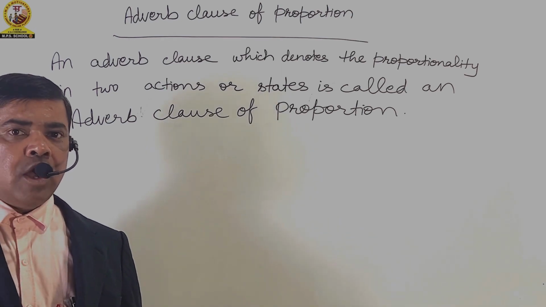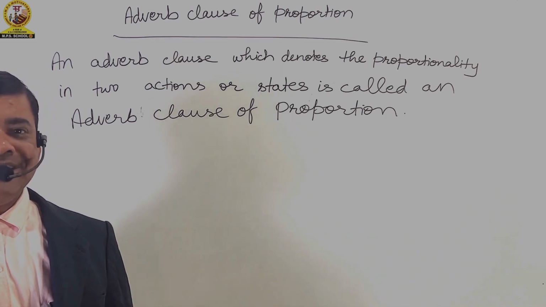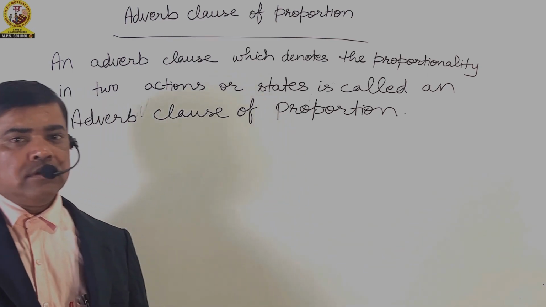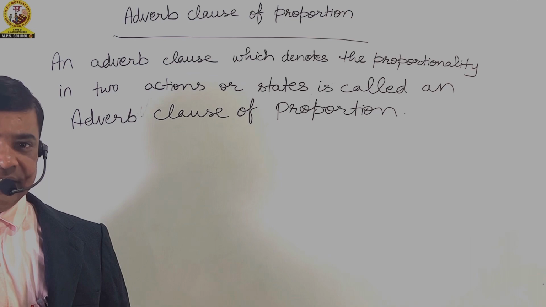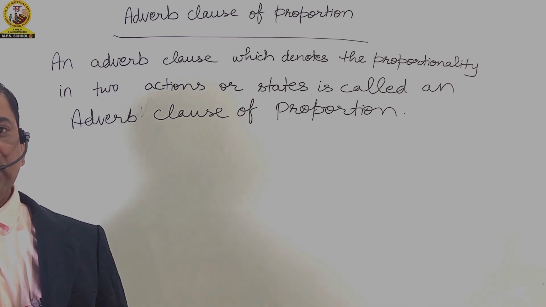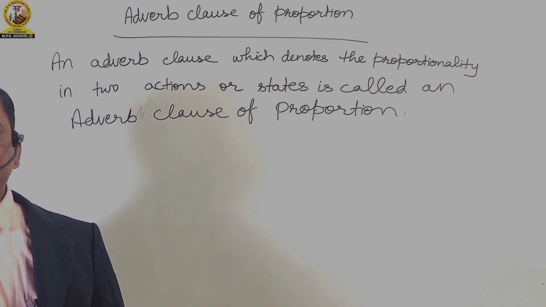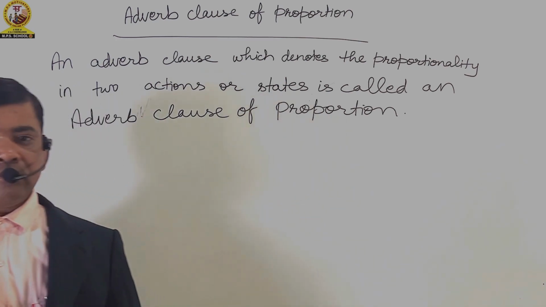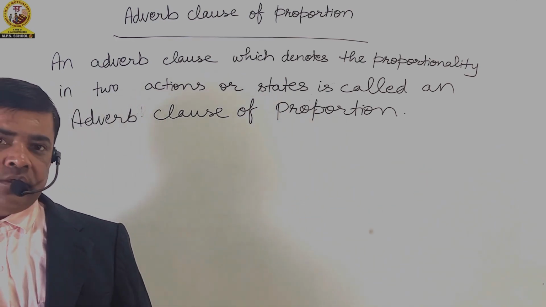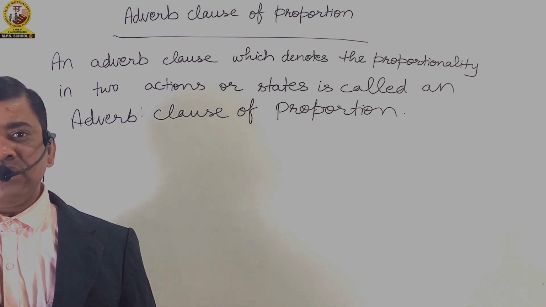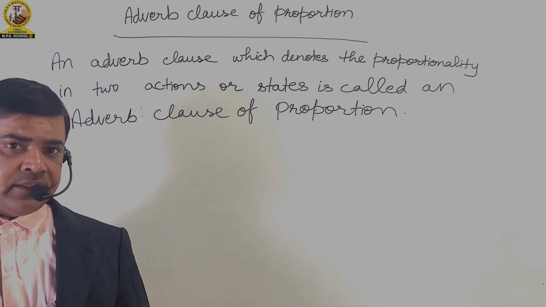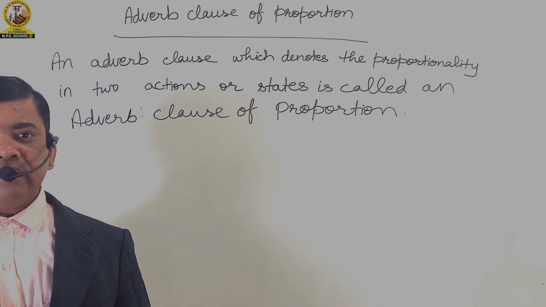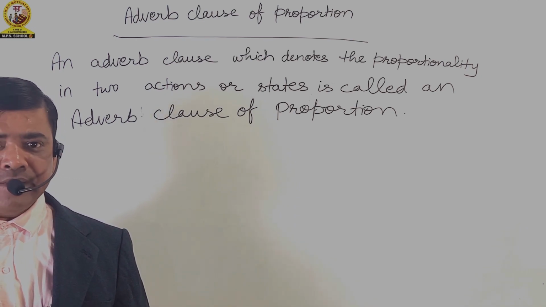An adverb clause which denotes the proportionality in two actions or states is called an adverb clause of proportion. अर्थात एडवर्ब क्लॉज जो दो कार्य या दो स्थितियों में समानुपात को दिखाता है उसे हम लोग एडवर्ब क्लॉज ऑफ प्रोपोर्शन कहते हैं.